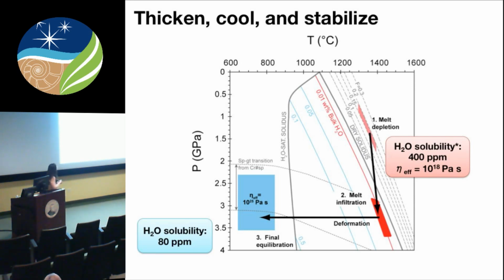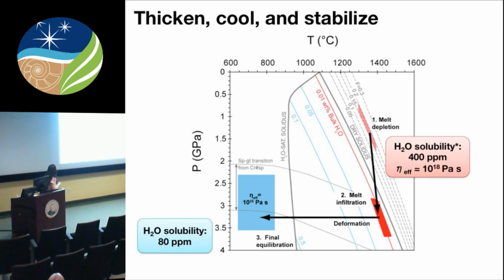But then somehow this condition needs to transition here, and I think the key is that we're thickening and cooling it, and the cooling has to happen on a time scale where we don't advect away this low viscosity mantle. We'll explore the cooling rate next.